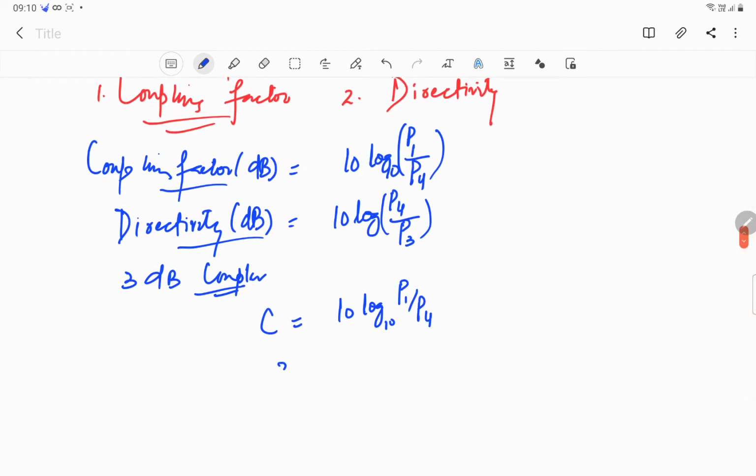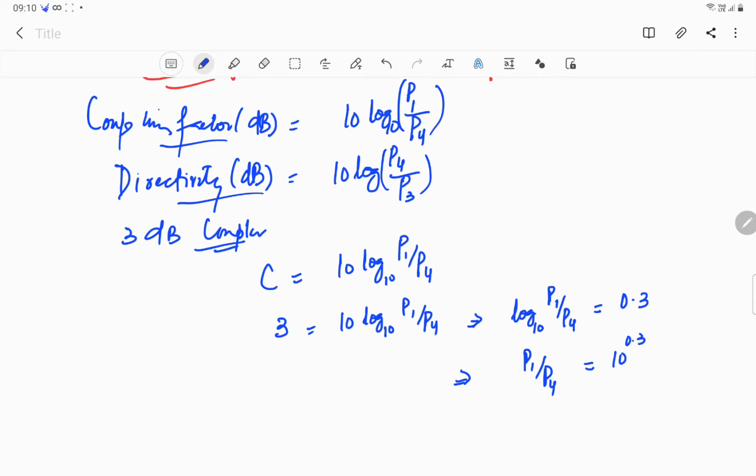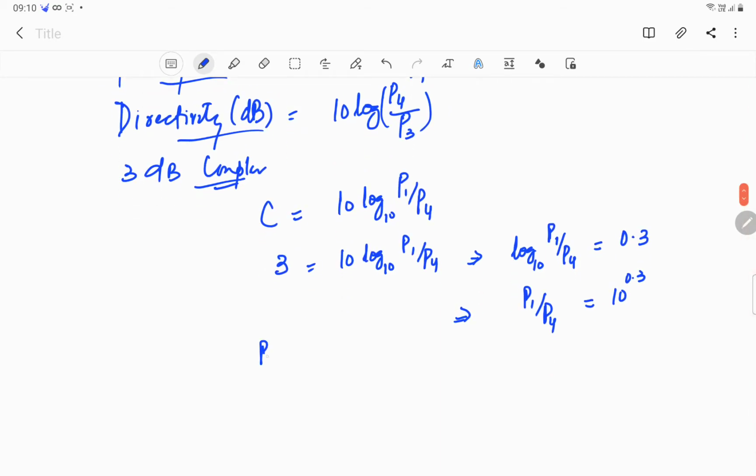That would mean 3 is 10 log 10 P1 upon P4, which implies log to the base 10 of P1 upon P4 is equal to 0.3, which in turn means P1 upon P4 is 10 to the power 0.3.